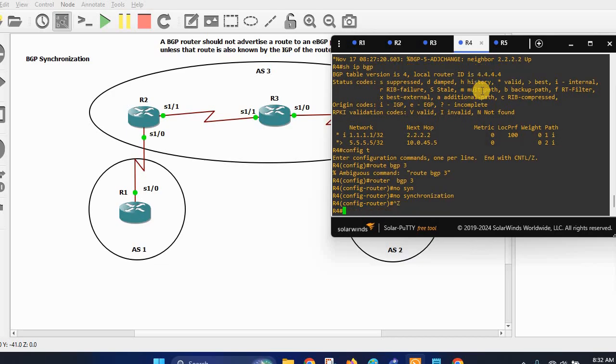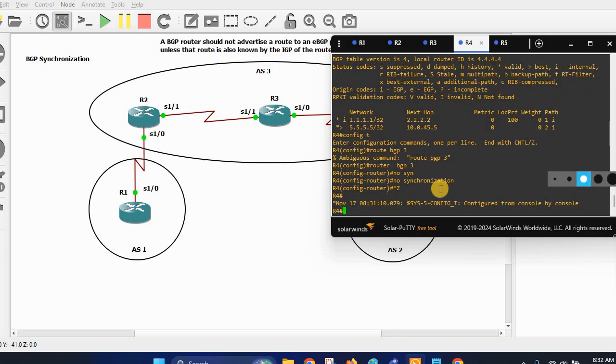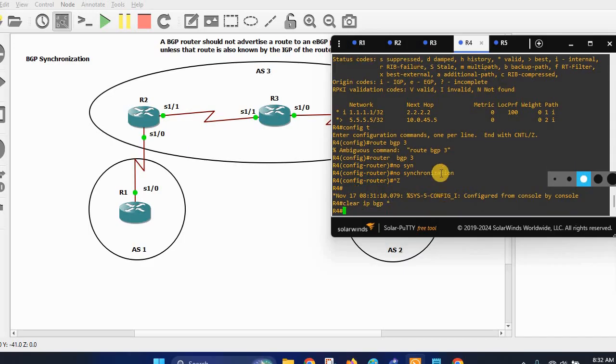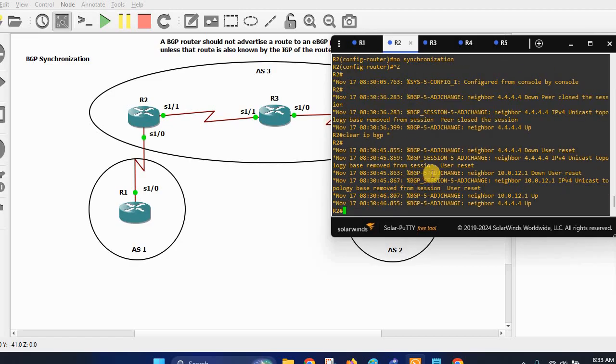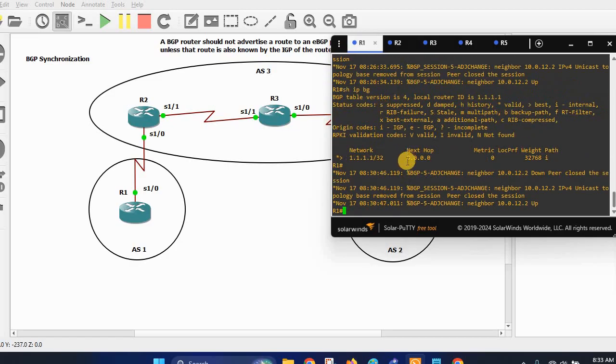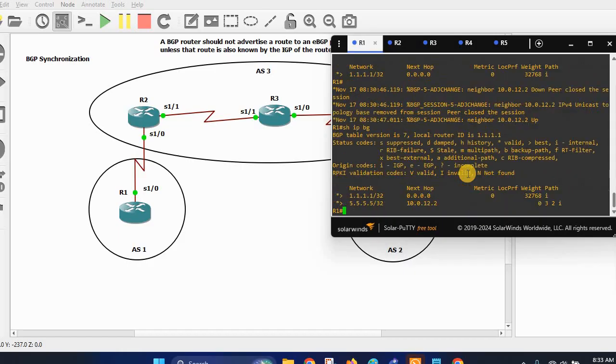So we have done the no synchronization and cleared the BGP session. I clear the BGP session because sometimes there is a late update. Now, previously R1 did not get the R5 update; now we will see the update. After disabling the synchronization, R1 gets the R5 update.